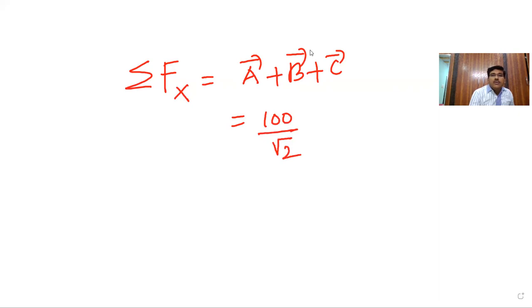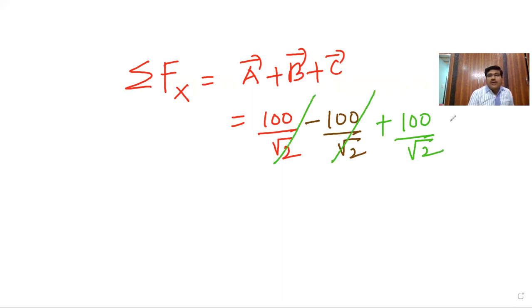The x component of b bar is in the negative direction, minus 100 by root 2. The x component of c bar is positive 100 by root 2. So finally it becomes 100 by root 2 units.